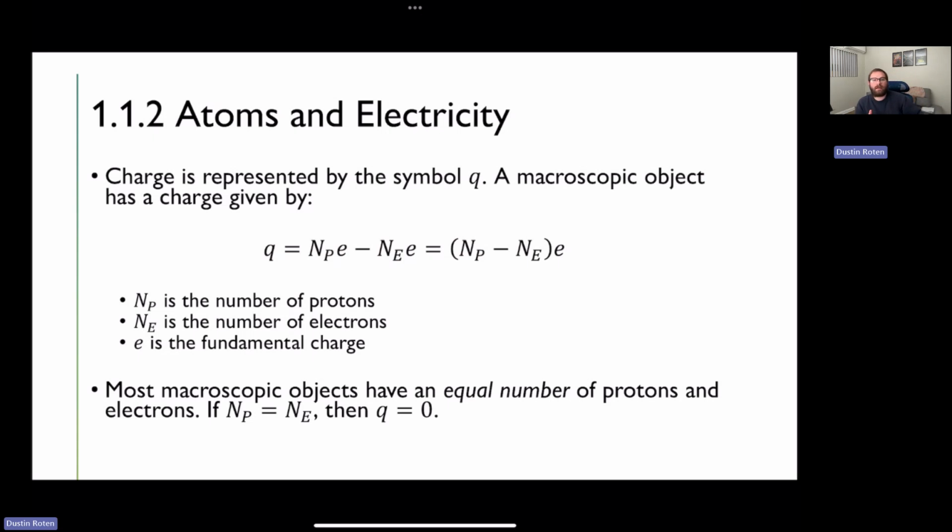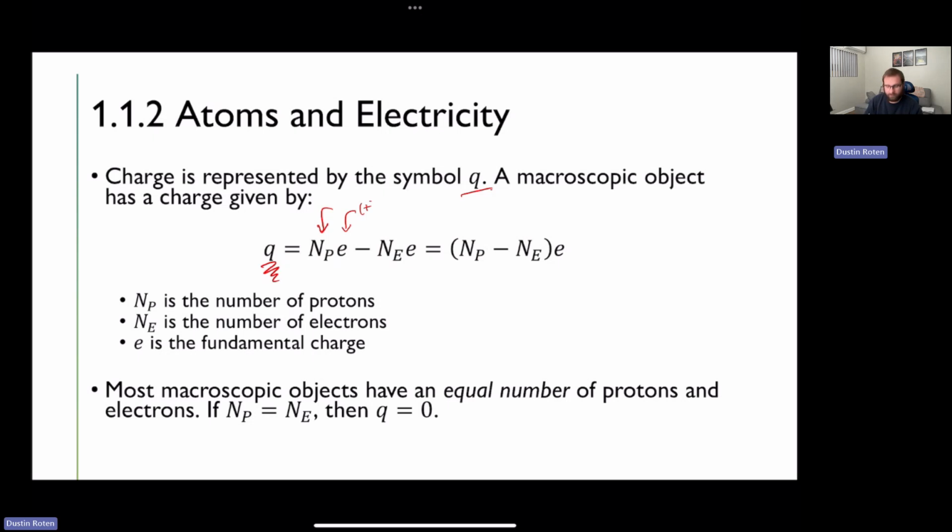Normally, we represent charge by the symbol q, lowercase q. We can actually calculate, or at least describe, an everyday macroscopic object as having a charge given by this equation here. If we want to know its charge, we could take the number of protons, n sub p, and multiply by the charge they have. They all have the same charge.